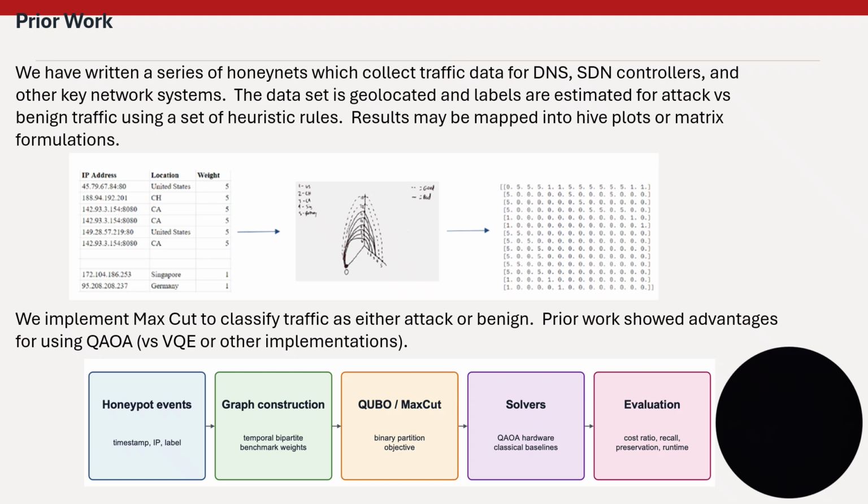We've implemented the max cut algorithm to classify inbound traffic to our honeypots as either attack traffic or benign traffic. And our prior work has shown a significant advantage in using QAOA as the optimization algorithm as compared to VQE or other implementations.